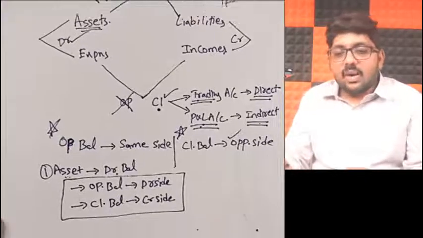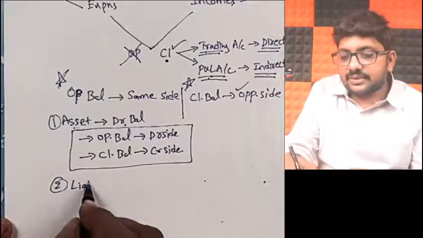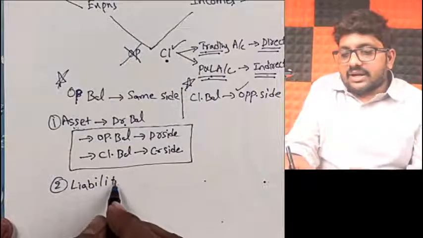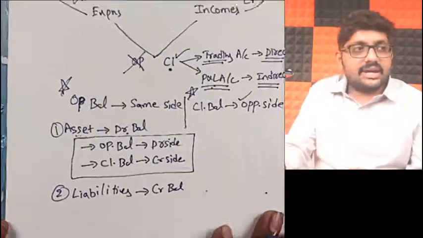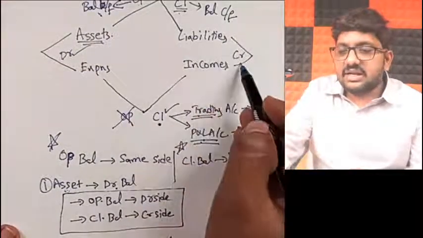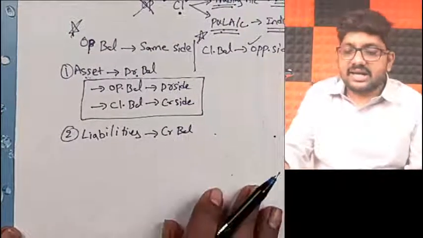Now let us understand how it works for liabilities, my dear friends. Liabilities come under which category? Credit category, which means liabilities have a credit balance. Credit balance means what?